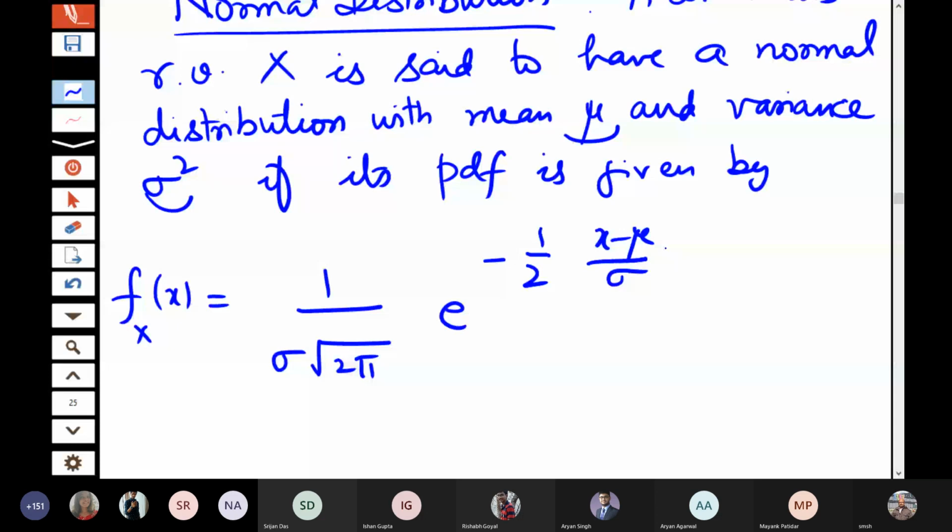Here x is on the whole real line, mu is a real number, and sigma is a positive real number.